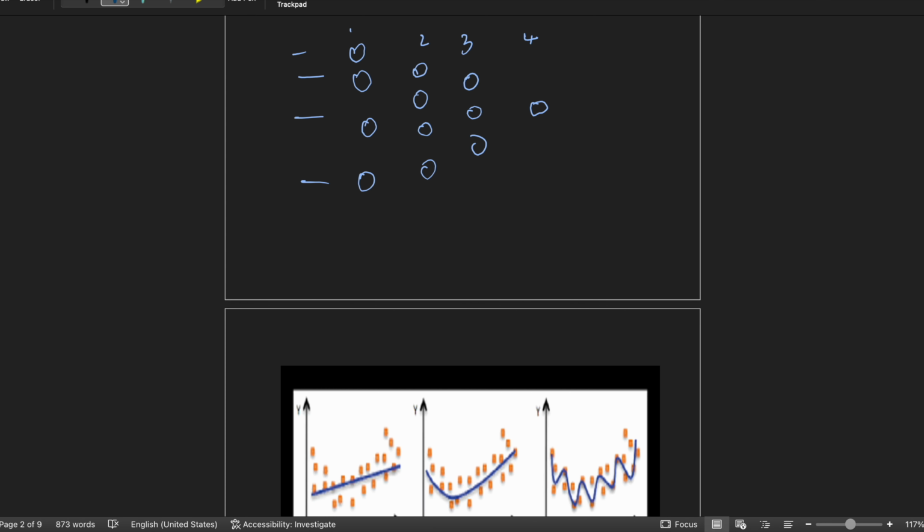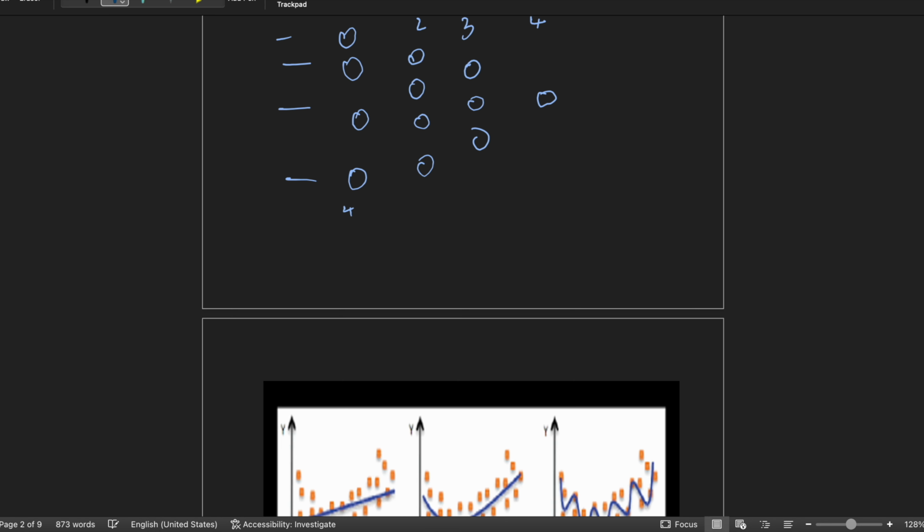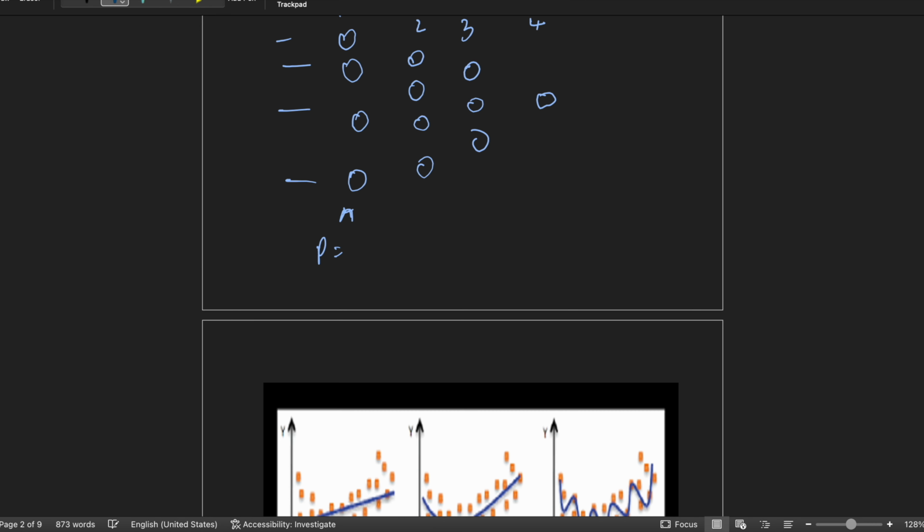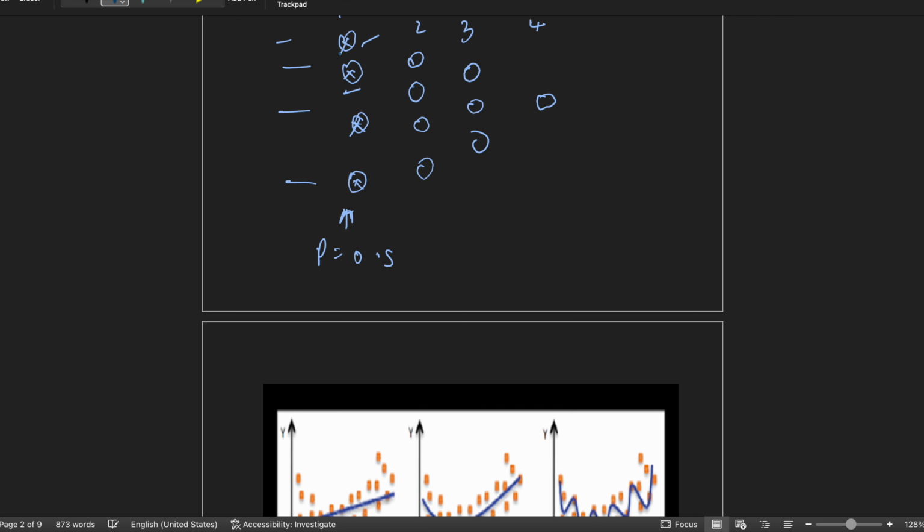Now we apply dropout to this hidden layer. If I apply a dropout ratio of 0.5, half of the neurons will be dropped, meaning their weights vanish for that epoch. In the next epoch, suppose this one goes off and this one goes off and these two work, and then in the next epoch a different set goes off.